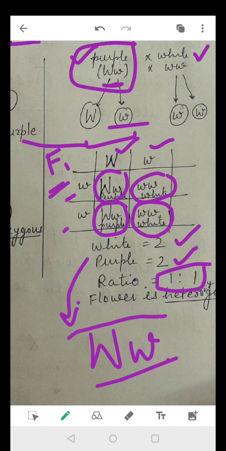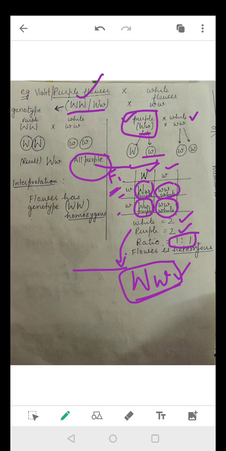So in this case, the genotype of the parent, or you can say the hybrid that we have taken, is heterozygous. But if we get all flowers purple, the genotype is homozygous.